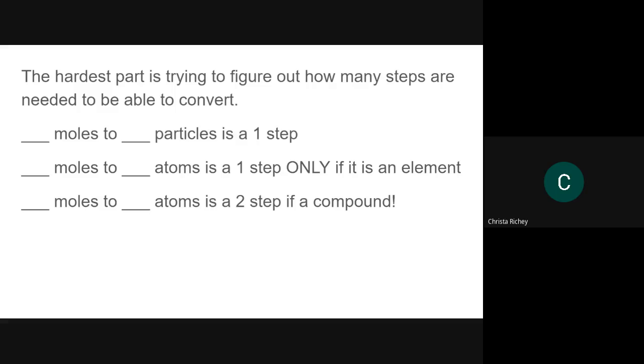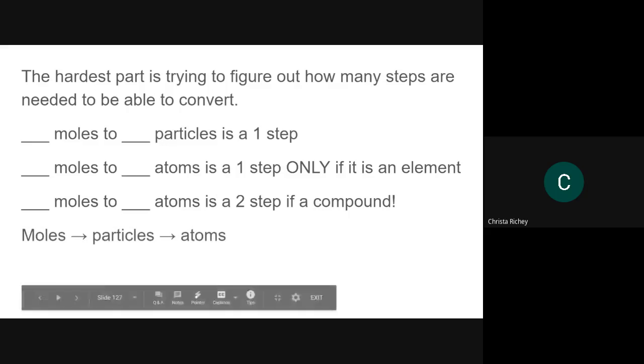If you are going from moles to atoms, and it's an element, it's a 1-step. That would be like lithium, or lead, or carbon, but not those 7 diatomics, because those are compounds, because they have a 2. So if you go from moles to atoms, and it's a compound, whether that be ionic or covalent, I don't care, that is a 2-step conversion problem. I just need to show you how to do that.